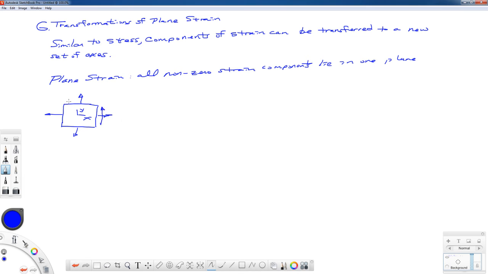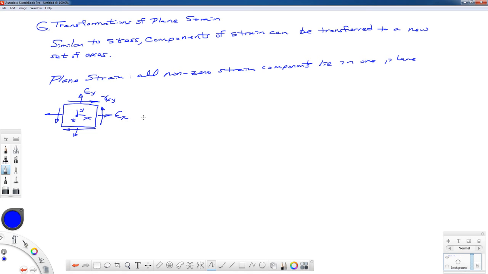It's a kind of a level up from a vector. Strain is also something called a tensor. So if I can represent stresses on a block, I ought to be able to represent strains on a block too. But the important thing to remember about strains is that strains have to do with deformations, changes in lengths or changes in angles. So here we have our plane strain state.